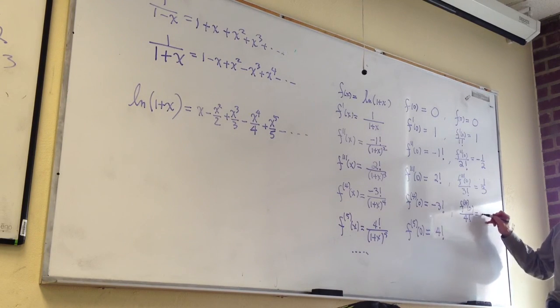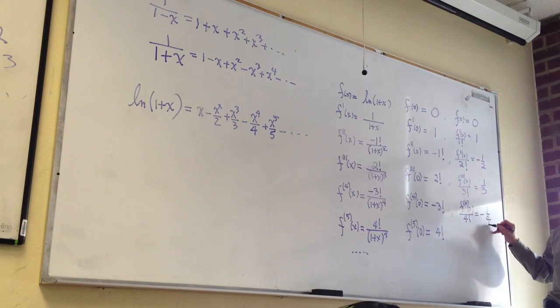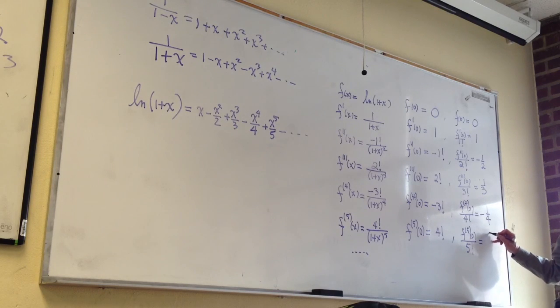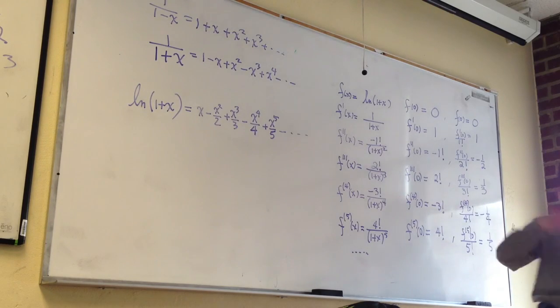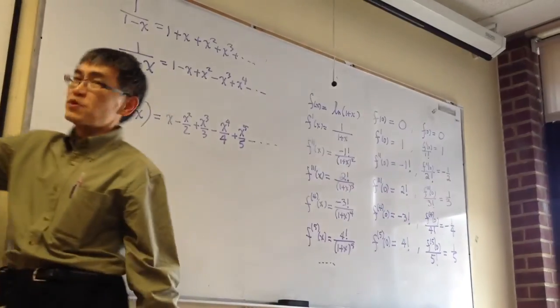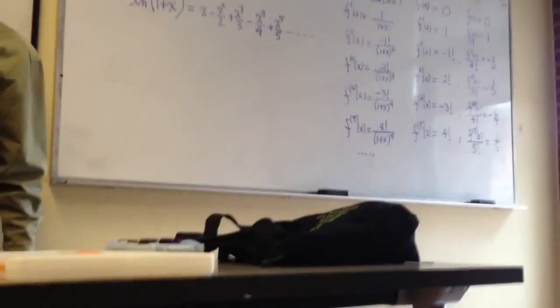So it's negative, and 3 factorial divided by 4 factorial is 1 over 4. And likewise, the 5th derivative at 0 divided by 5 factorial, that must be positive 1 over 5. And so now the pattern is very clear. It's alternating, and it's all 1 over something. And that's consistent with this. Right? Okay? It's consistent with this one.